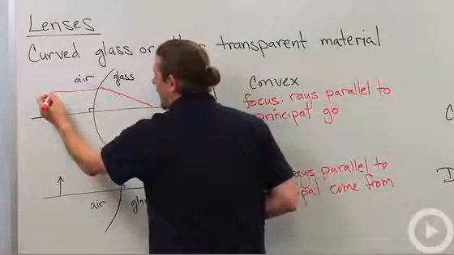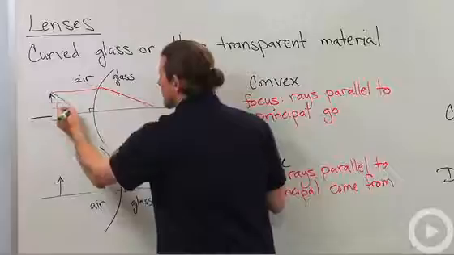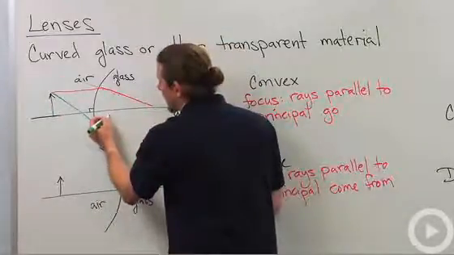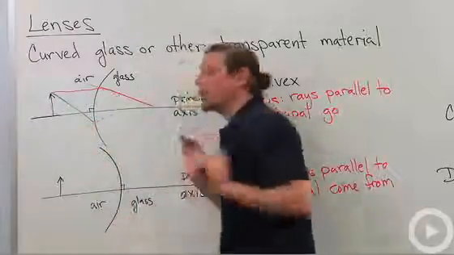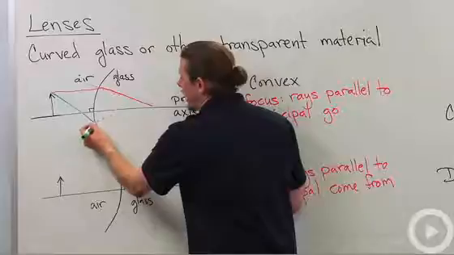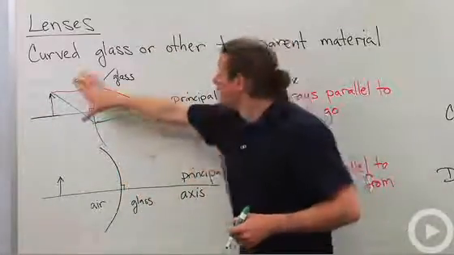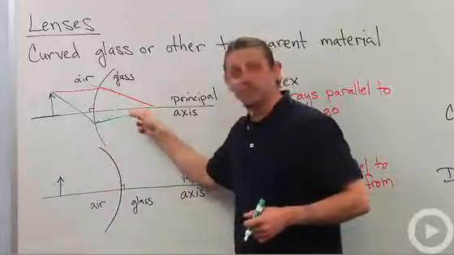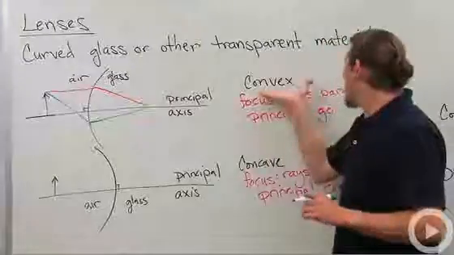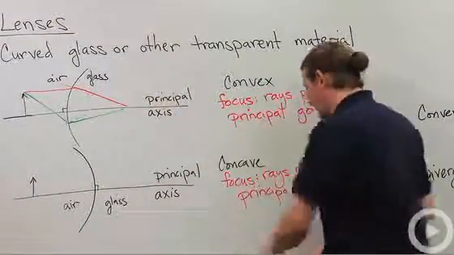What about one that comes down like this? Well, down here, our normal looks like this. Remember, the normal has to be perpendicular to the lens. So the light is going to bend toward the normal. Notice what happens. The light beams are coming together. So this is going to give us light rays that come together and hit somewhere along the principal axis.